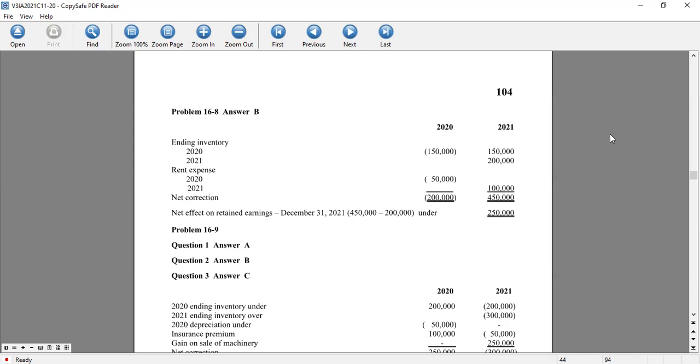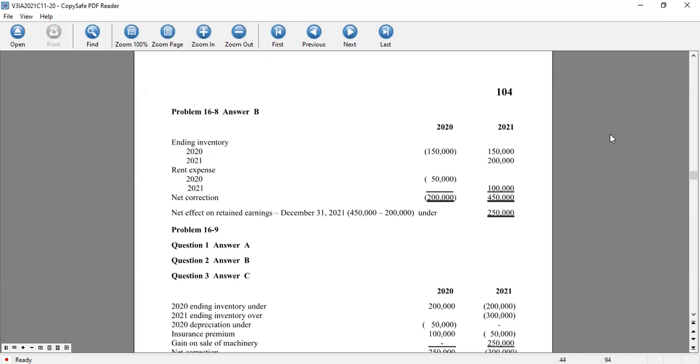Now with rent expense understated at the end of 2020, meaning the prepayment was not correctly recorded. So if none of the errors were detected or corrected, what amount should be reported as the net effect of the errors on retained earnings? Now, the rent expense of 2020 was understated.